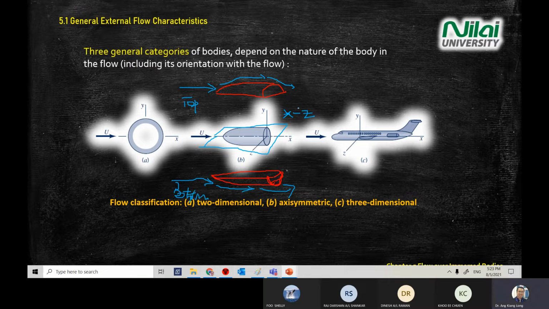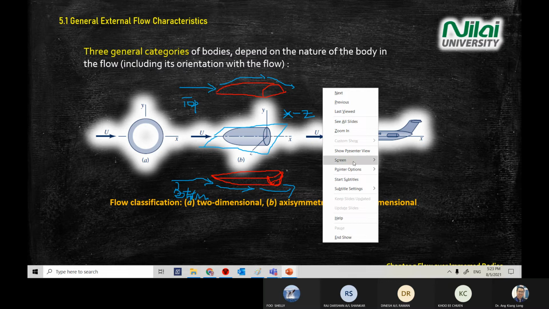Another scenario, you can cut this object by using Y and X plane, where you cut asymmetric body using a plane.